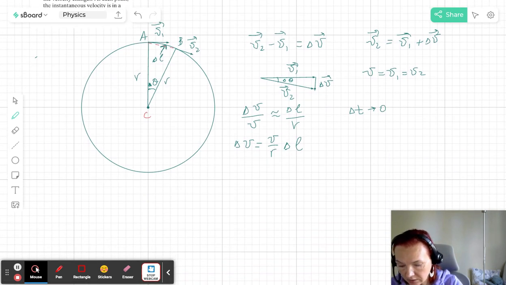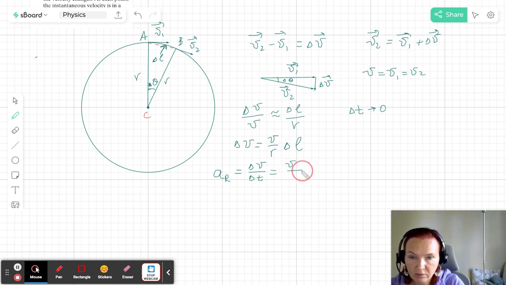So now they're equal. They're going to be identical. And to get the centripetal acceleration, we're going to take our delta V that we said before and divide it by delta T. We just got the formula, V over R times delta L, and I'm going to put delta L over delta T separately.